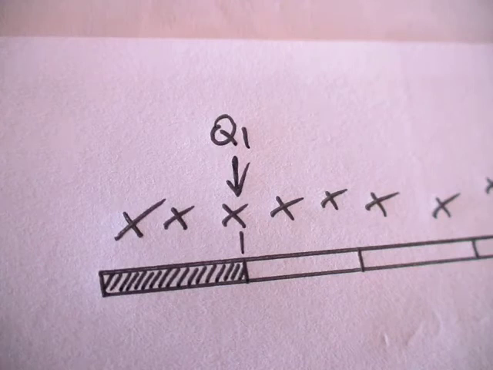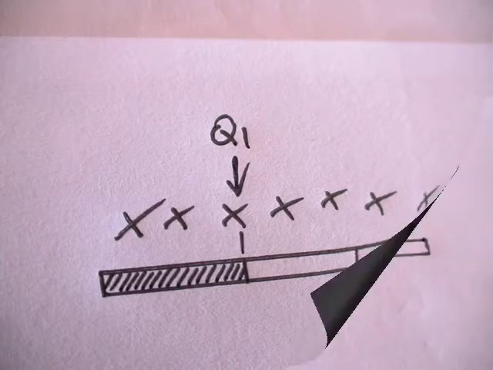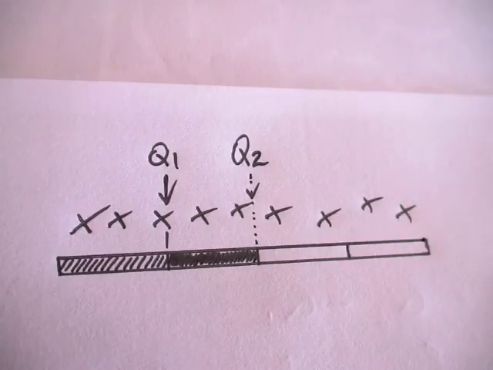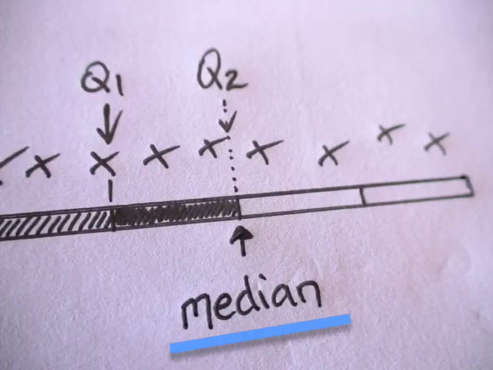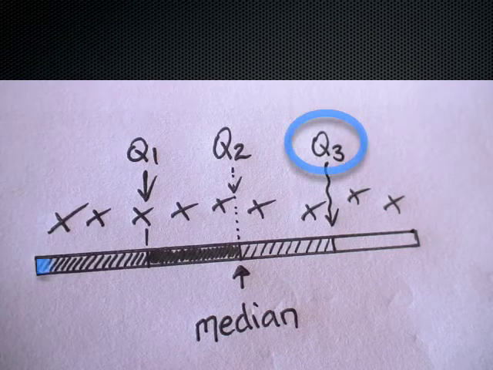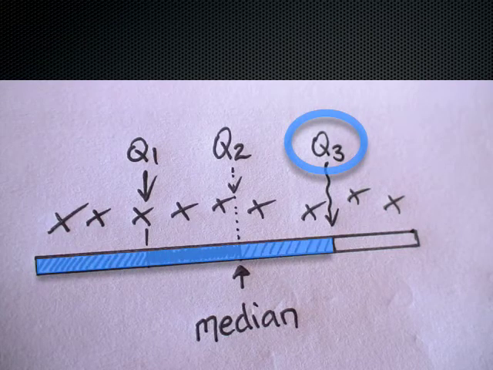Q1, therefore, is simply the value below which 1/4 of the scores lie. Similarly, Q2 is the value below which 2/4 of the scores lie. It's also known as the median. How about Q3? Q3 is the value below which 3/4 of the scores lie, and 1/4 lies above.